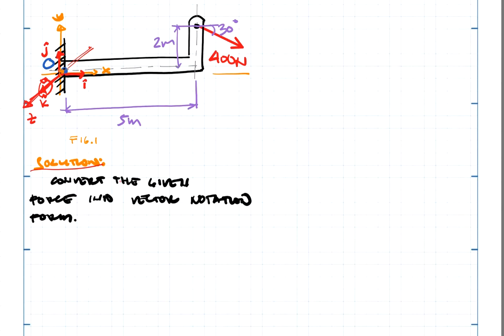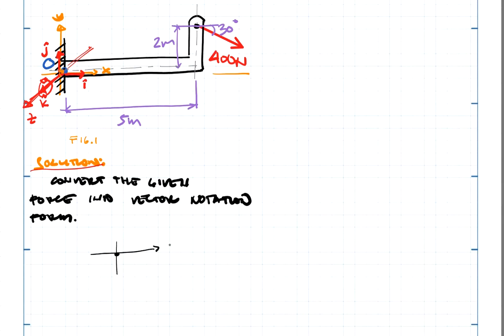Let us copy this force here. Say this is our 400 from this point.